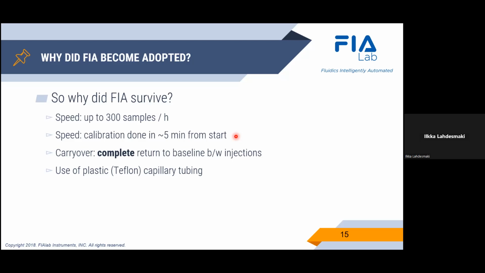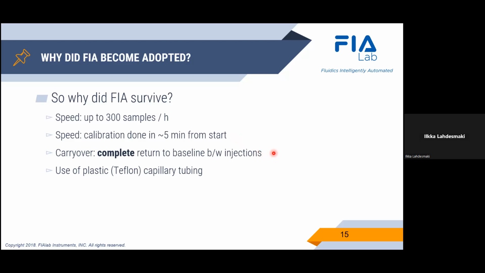They want to make sure that their calibration worked out okay, the QCs came out okay, and then they can go off and do other things. This stands in contrast to most segmented flow methods where you have to wait for 20, 30 minutes until you know how your instrument is running.